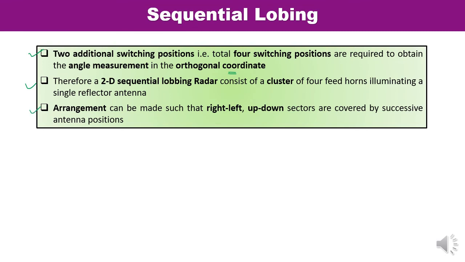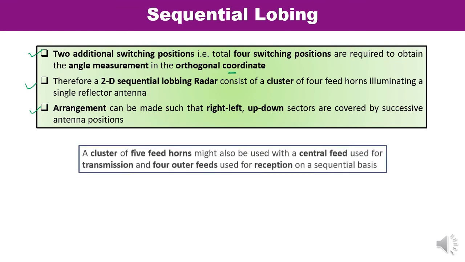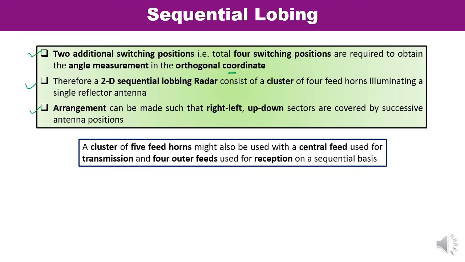A cluster of 5 feed horns may also be used. In that case there will be a central feed, used for transmission, and the 4 outer feeds will be used for reception on a sequential basis.